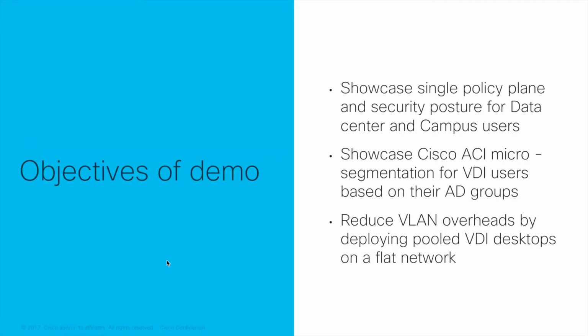The objective of this demo is to showcase a single policy plane, single security posture between data center and campus, and to showcase ACI microsegmentation for VDI users based on their AD groups.